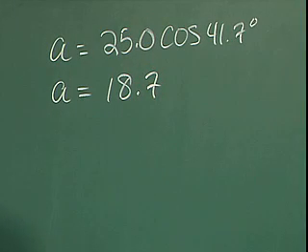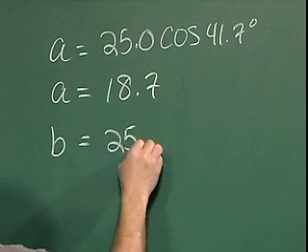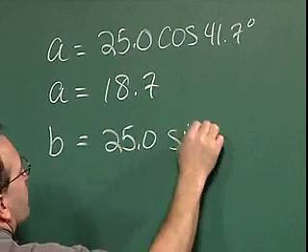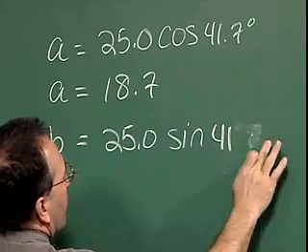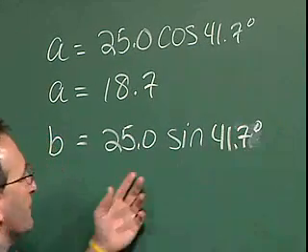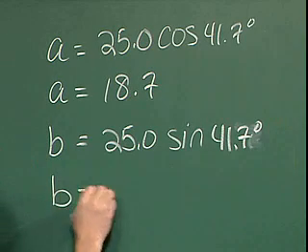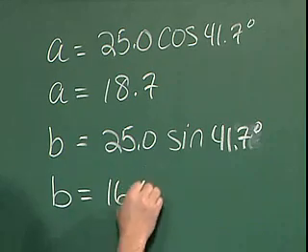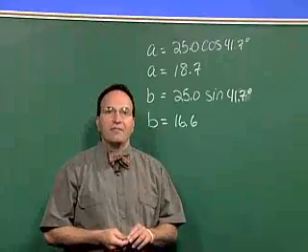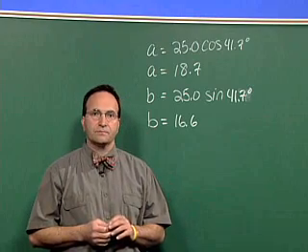For B, we use the formula that it's the magnitude of the vector times the sine of the angle. So it's 25 times the sine of 41.7 degrees. That gives me an answer of B equals 16.6. And those are how to find the horizontal and vertical components.